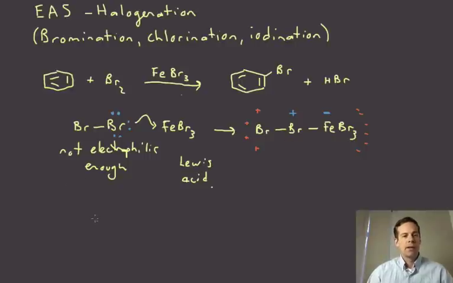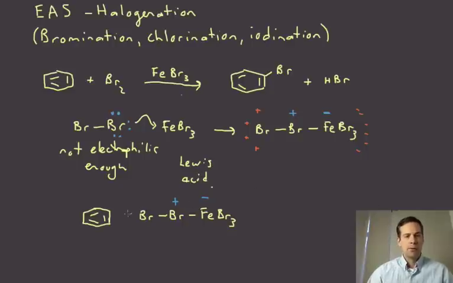Now we're ready to bring in our benzene. Let me draw in the benzene, and I'm going to redraw this complex that we just formed. I had better put in my charges so that we don't lose track. Now we're ready to do the first step of the mechanism involving the benzene, which is the addition of the pi cloud to that terminal bromine, and then this bromine-bromine bond is going to be pushed onto the bromine.